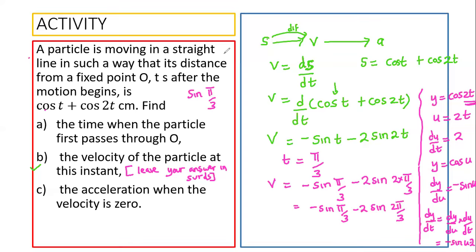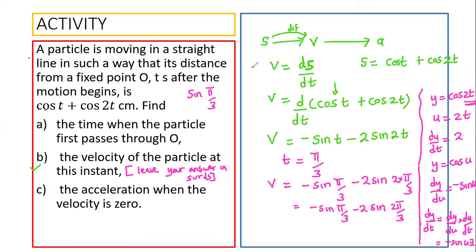Sir, Ruth, excuse me, yes please. There in part A, where we got our m was 1, there is no need of using that time.